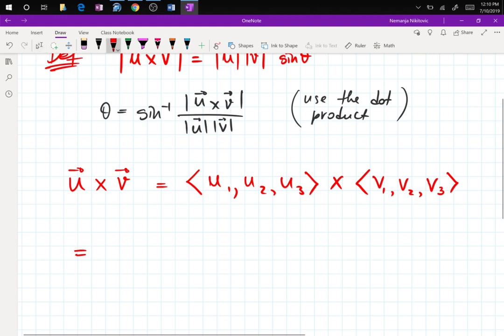The way it's computed is we are calculating the determinant of the 3 by 3 matrix. You have your i, j, and k on the top row. The second row is U1, U2, U3, and then V1, V2, V3 on the third row.